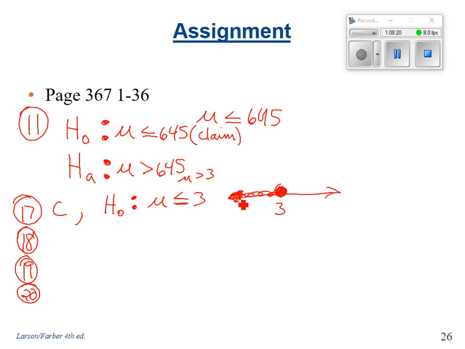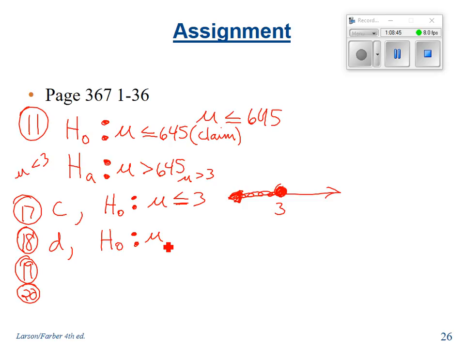18. Mu is less than 3. Which graph shows us mu is less than 3? D. What's the null hypothesis going to be if that's our alternative hypothesis? Mu is what?